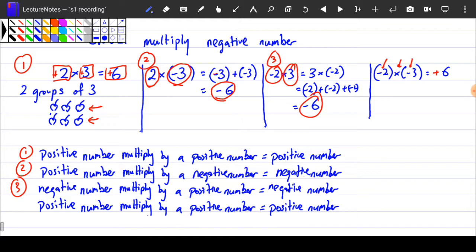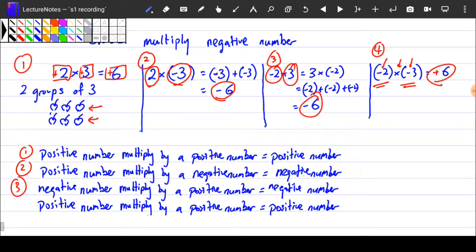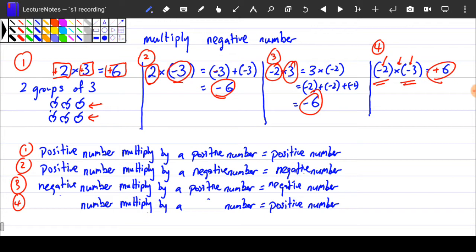Now last one, negative number times negative number, which gives you a positive number, so I have to change the last sentence to have negative multiplied by a negative to give you positive.